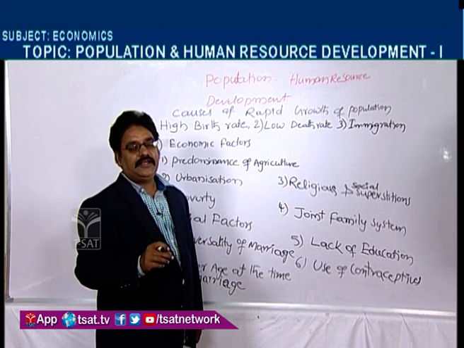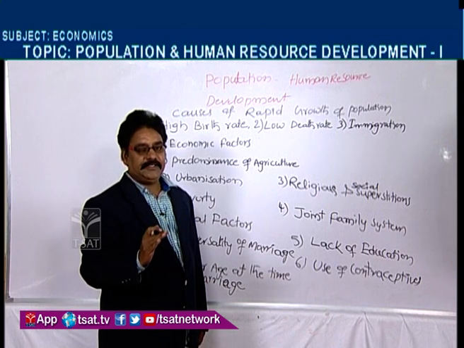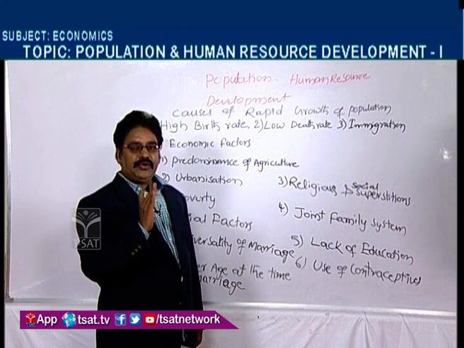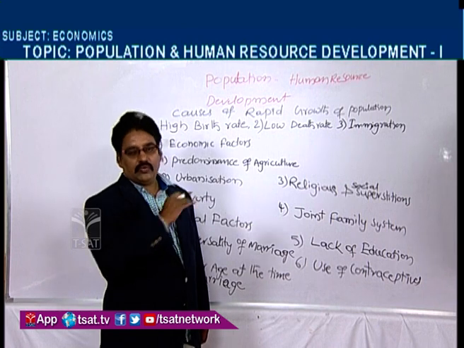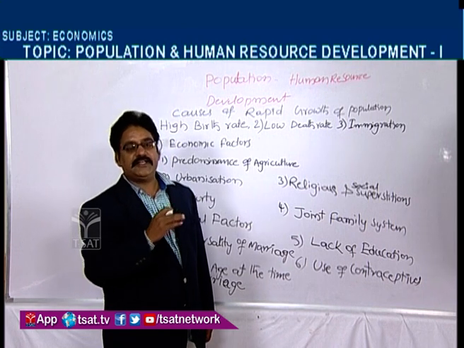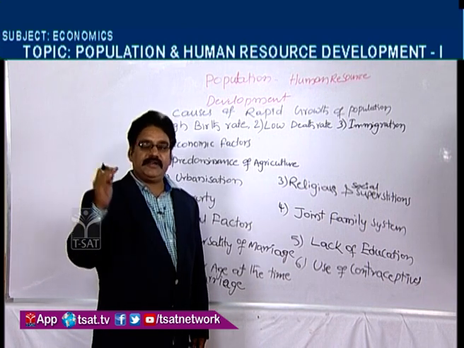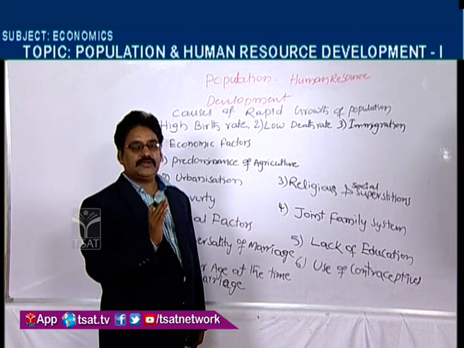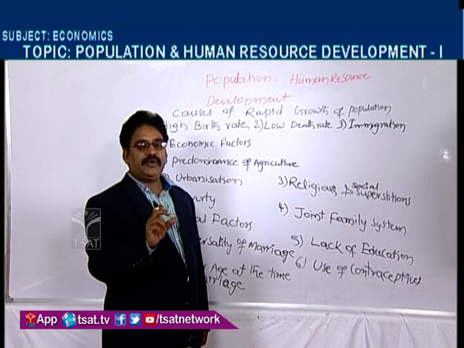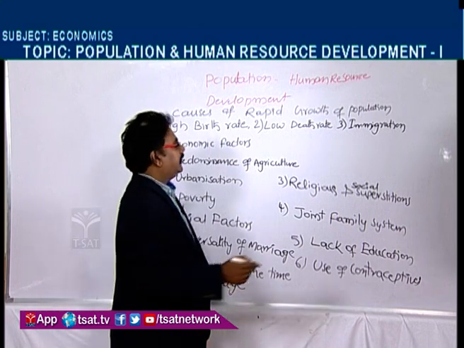The year 1921 stood between decreasing population and increasing population, so it is called the Great Dividing Year of population.